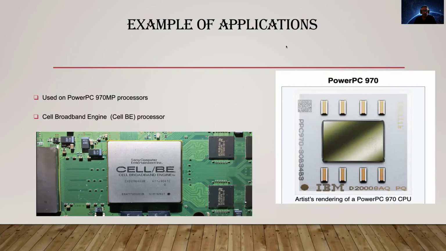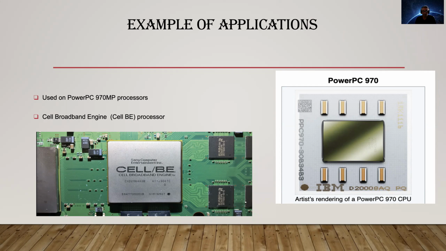And now I give you a sample application. I give you two different models. One of them uses the PowerPC 970MP processor, and another one is the Cell Broadband Engine SIMD processor.